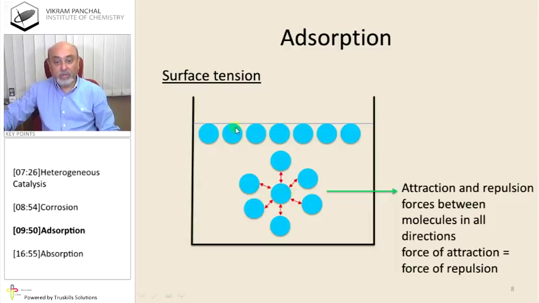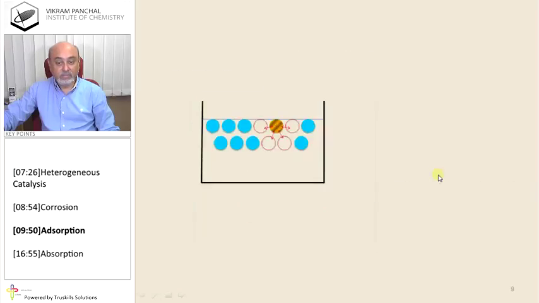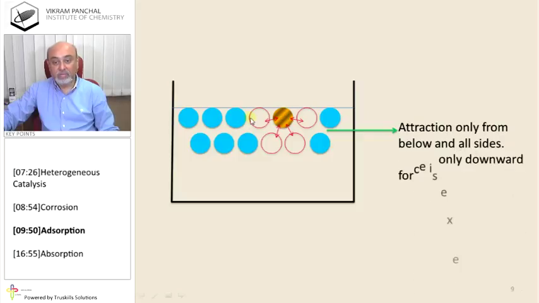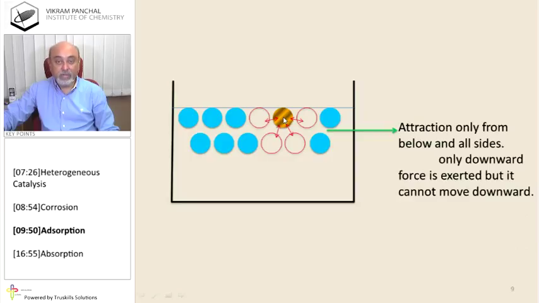But now we would like to see what happens to those molecules which are on the surface. Here, I will highlight this molecule because we would like to see what is happening on the surface. This molecule is on the surface of the liquid, which is surrounded by others, but not like the one which is inside and is surrounded by all in all directions.